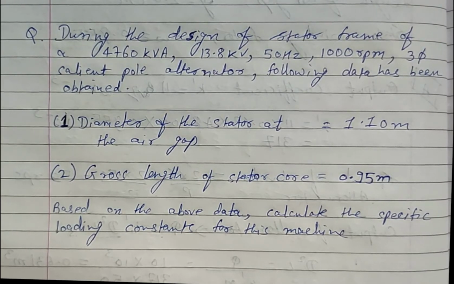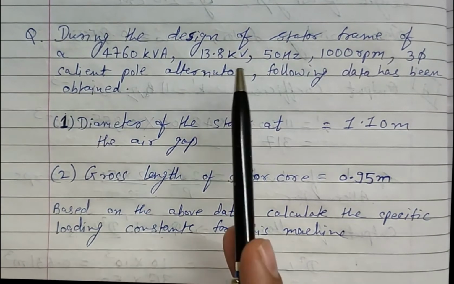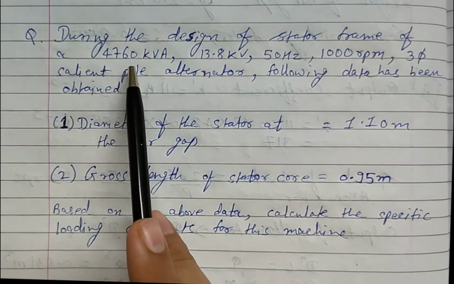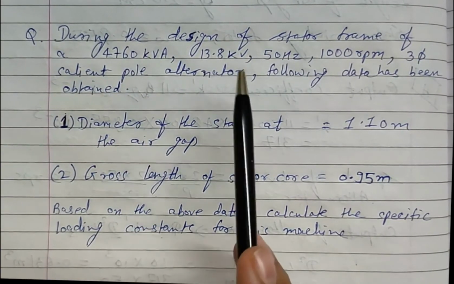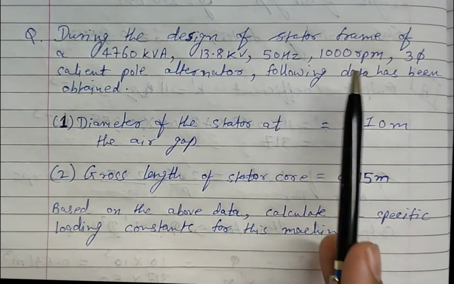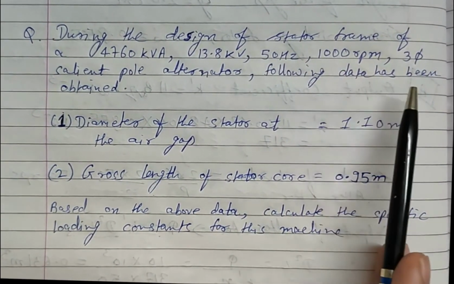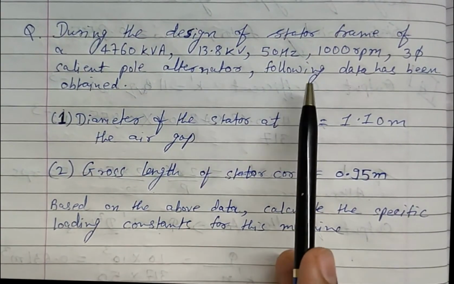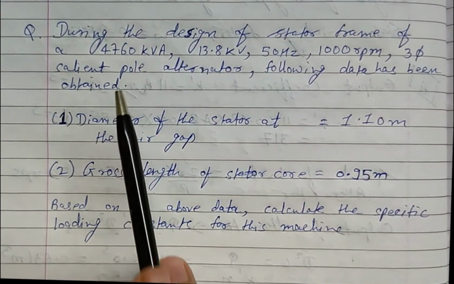So let's move to the next numerical, and the data reads as: during the design of the stator frame of a 4760 kVA, 13.8 kV, 50 Hz, 1000 RPM, 3-phase salient pole alternator, the following data has been obtained.